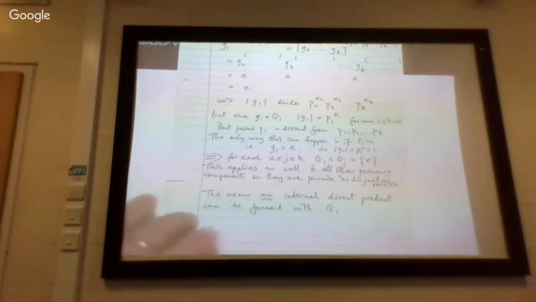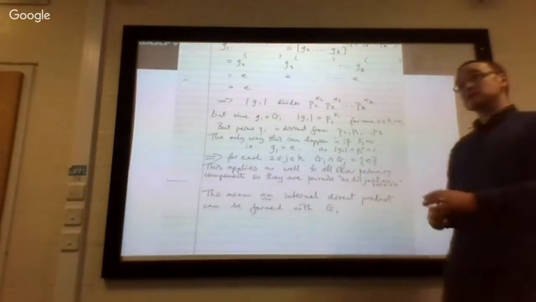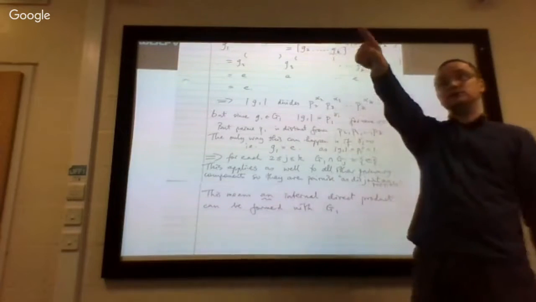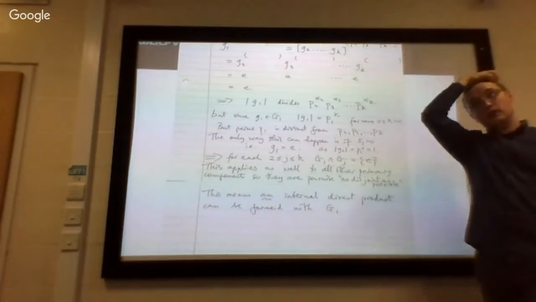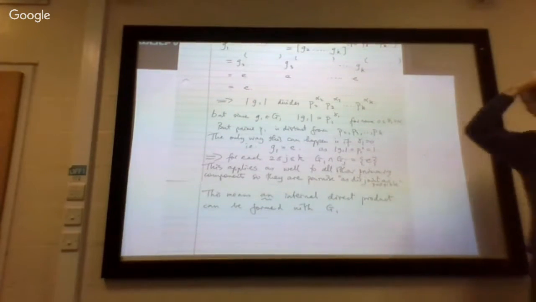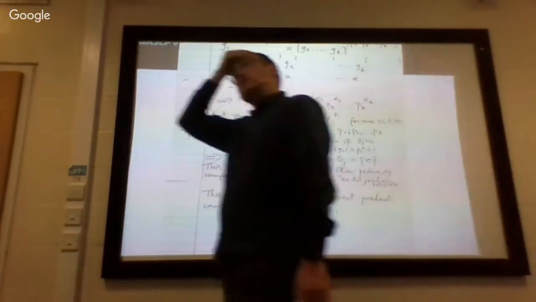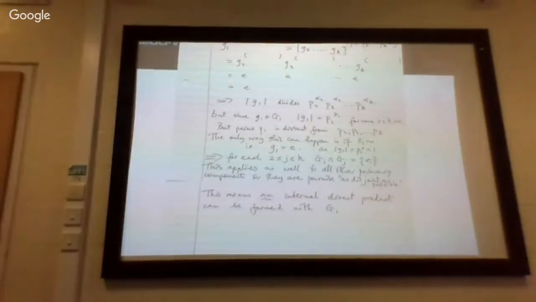We can talk about the internal direct product G1 multiplied by G2 multiplied by all the way up to Gk. This is an internal direct product construction. It will be isomorphic to G1 times G2 all the way up to Gk. But there's still a little question over whether it is equal to all of G.